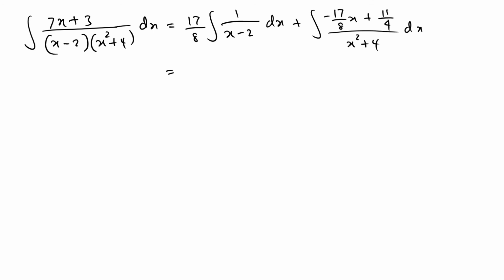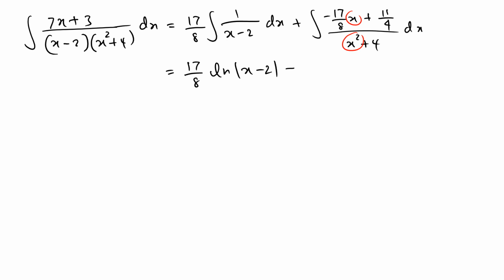Now what we can do is we can split. I'm going to leave the first one as it is because we already know this. If you look at the denominator, we have x squared, and we know the derivative of x squared is 2x. So we try to create 2x.